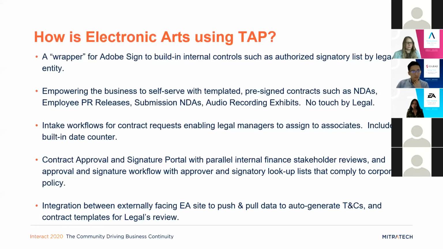It can do linear approval workflow. It has a built-in signature capability. Also in this tool, we built in a lookup list for authorized approvers and signers. Again, there's a lot of confusion around who's authorized to sign, who's authorized to approve for a $500 deal, $1,000 deal, $1 million deal. So TAP is, again, great for building those kinds of logic into the tool.